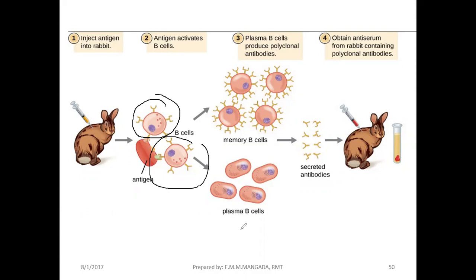Okay? Ulitin ko ha, this is for your polyclonal. Guys, pansinin ninyo, this B cell here is producing an antibody na nagbabind or is against sa pink na antigen. Ayan yung pink antigen.